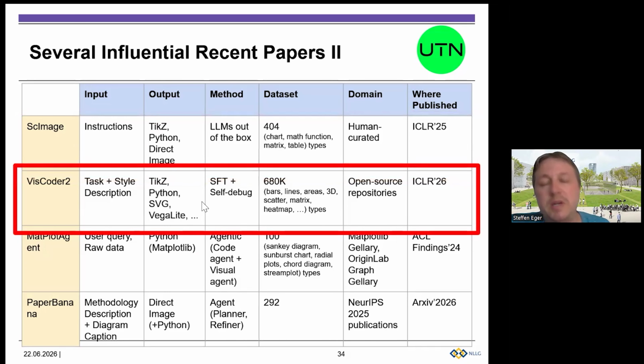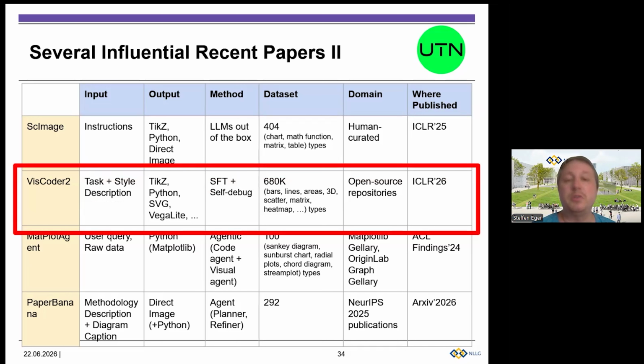There's a Viscoder paper, which follows a slightly similar idea to our previous papers, with the difference being that instead of only TikZ or Python, they look at 8 different languages. They have as input, again, a textual description. They do supervised fine-tuning plus self-debugging. Self-debugging is basically you give the model its own outputs.